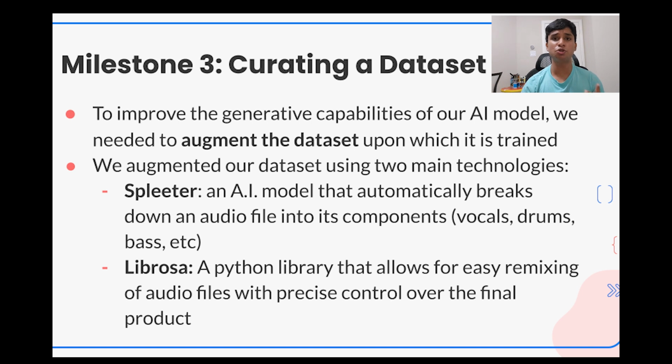And we did this with two main technologies: Splitter, an AI that separates an audio file into its individual components, such as vocals, piano, bass, etc., and Librosa, a Python library that allows us to easily mix and match these components of an audio file to create new mixtures, such as just piano, vocals, and drums, or piano, vocals, drums, and bass, etc., in order to augment our dataset by using these additional files in order to expand what the model has to reference from during its training.